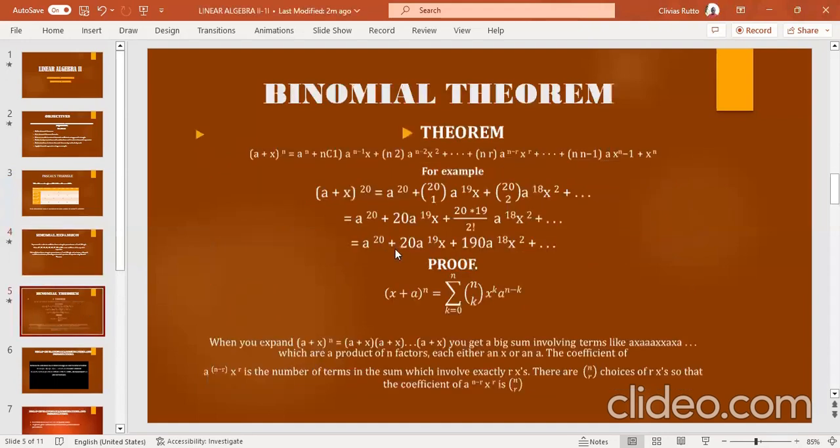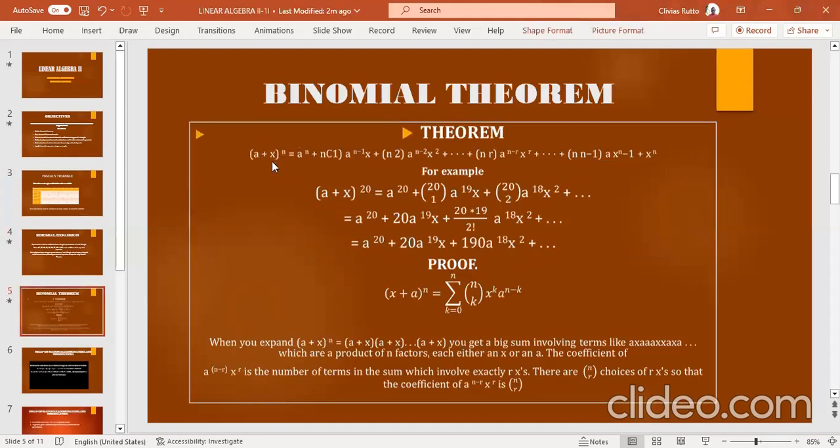So the binomial theorem goes, if we have to do an expansion of, say, A plus X to the power of n, by the binomial theorem, the expansion will be A power n plus n C 1, that is the first coefficient, times A to the n minus 1 X, plus n C 2, A to the n minus 2 X squared, and we keep on.